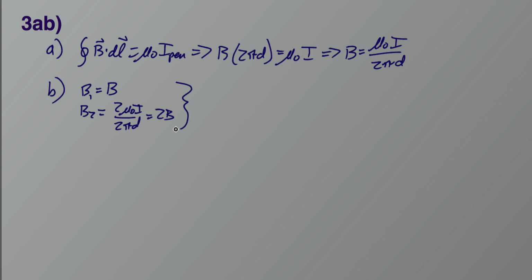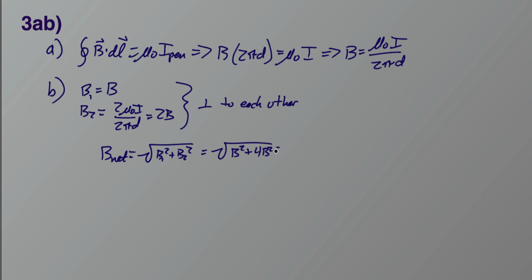And these, as we look at the right-hand rules and directions, are going to be perpendicular to each other. So if we wanted to find the net of those, it is going to be the square root of b1 squared plus b2 squared, which will be the square root of b squared plus (2b) squared, which is 4b squared, or square root of 5 times b.